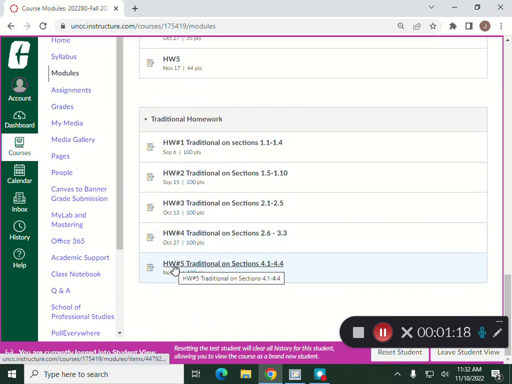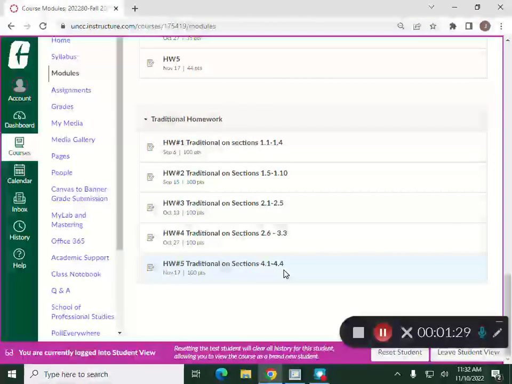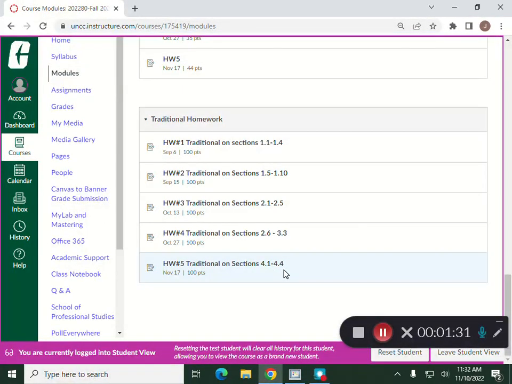And also your homework number 5, which is on sections 4.1 through 4.4, okay? So which ends up basically the end of what we covered today. But I'm going to continue on 4.5, 4.6, and keep moving on. But I just broke it up halfway through the chapter so we can have another homework set done pretty soon as well.